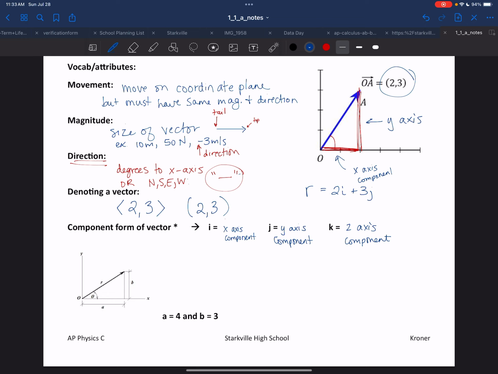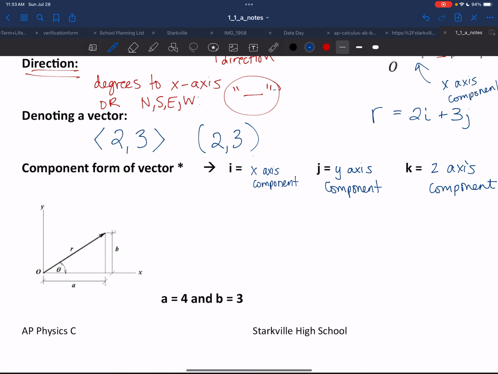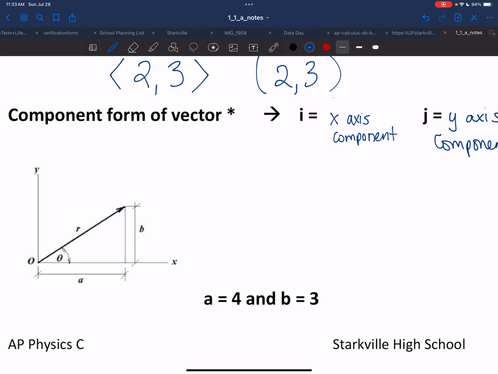All right, so let's go ahead and take a look at this example. We've got a vector here, and I've given you the terms. Let's say our units are meters, just so we don't have any naked numbers. So if I want to put this in component form, that vector would be 4i plus 3j.